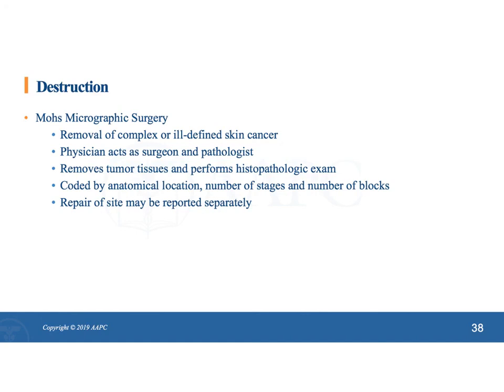So our answer for that situation would be 17313, 17314, 17315 times 2. You will have one of these type of questions on your national exam, so you definitely want to make sure you understand the use of these 5 codes.